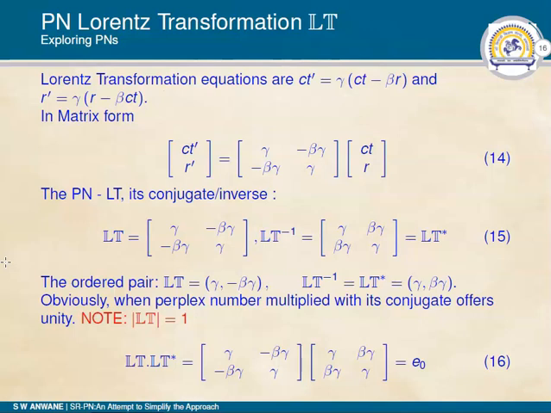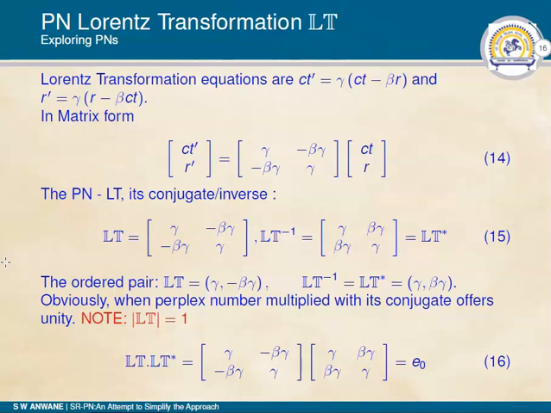So here in fact we have represented the Lorentz transformation in the form of a 2 by 2 matrix, which is essentially a perplex number composed of an ordered pair gamma and minus beta gamma. Its inverse transformation is the ordered pair gamma and beta gamma.